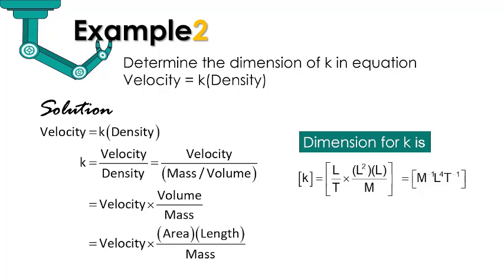We also need to replace the formula of volume into the equation. Volume is derived from area and length, and therefore the final equation is velocity times area times length over mass.